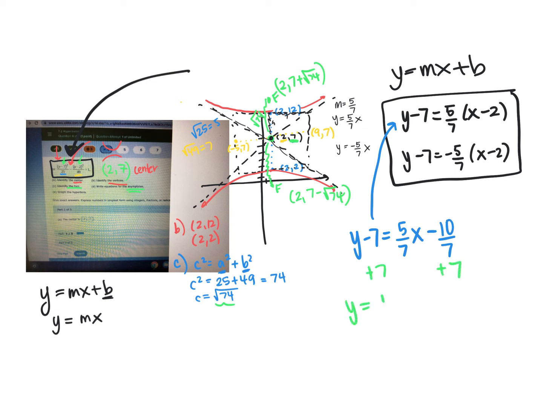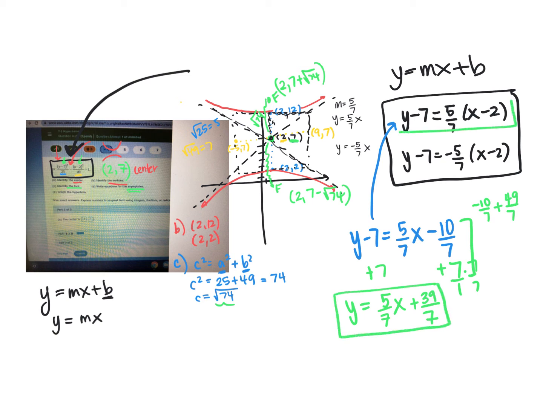So we're going to get y equals 5 over 7x. And if I try and combine these two, I would need a common denominator. So I'm really looking at negative 10 over 7 plus, this is 7 over 1. So if I want a 7 on the bottom, I'll multiply top and bottom by 7. So I'll get a 49. Negative 10 plus 49 is positive 39. So I'll have 39 over 7. So that would be my first equation.